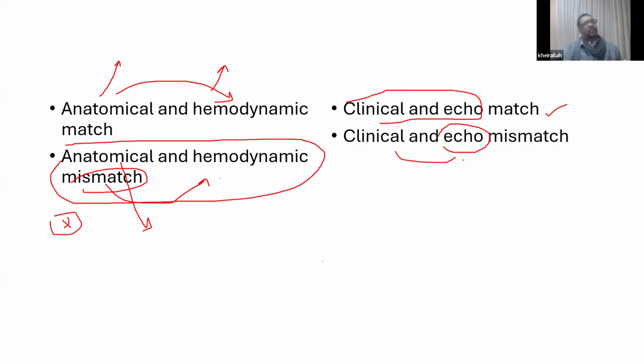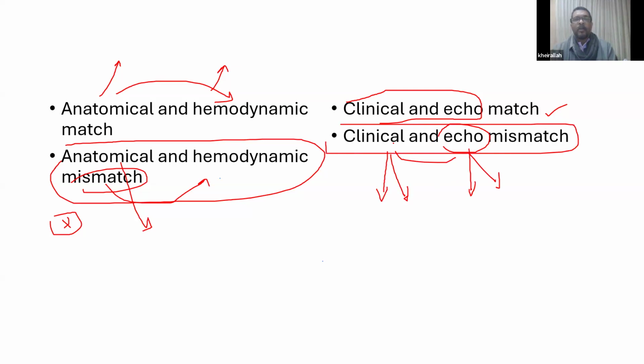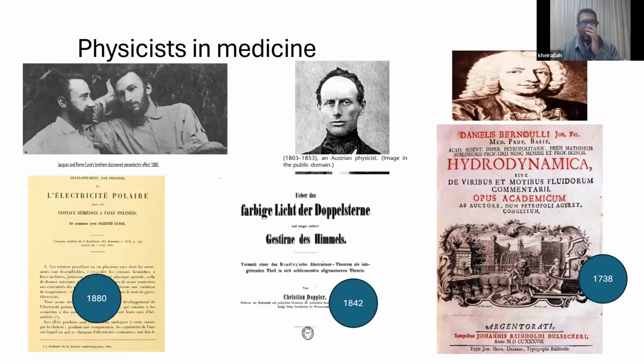In this case, you have to do something. So the mismatch is like the echo is showing severe abnormality but the patient is asymptomatic, or the patient is symptomatic but the echo is showing mild to moderate abnormality. These are mismatches between the echo and clinical data, and there is a special way of sorting them out when we come to study each one separately.